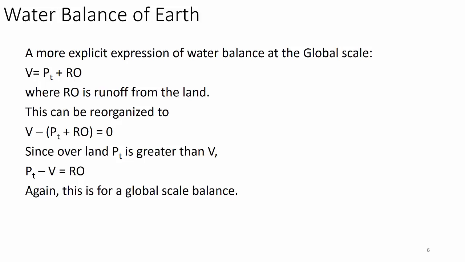Since overland precipitation is greater than evaporation, PT minus V, the vapor over the land, equals RO. That's why we have rivers and streams in areas where precipitation is greater than evaporation. There are some places on the planet where V, the amount of water vapor in the atmosphere, is greater than precipitation. You don't have runoff there. We call those deserts. This is for global scale balance.